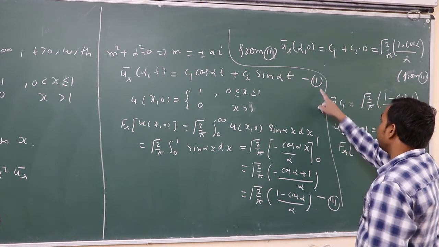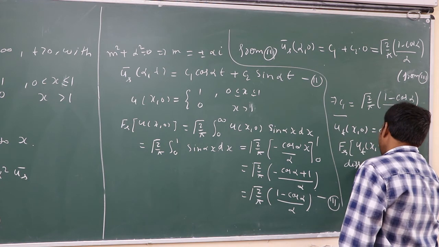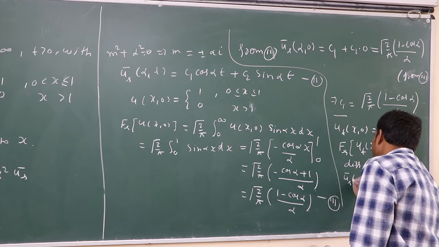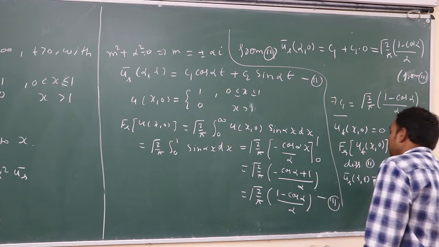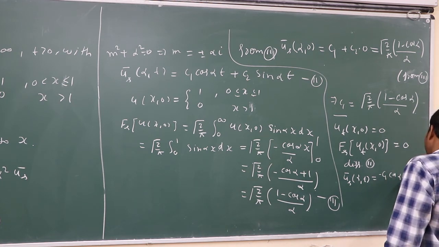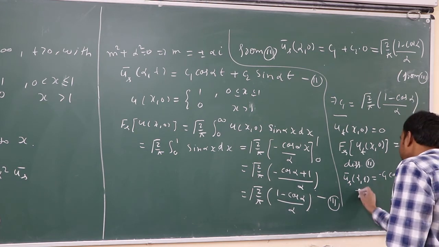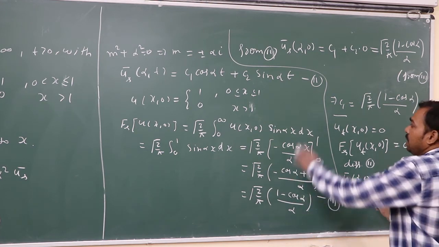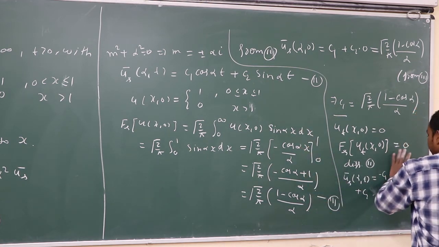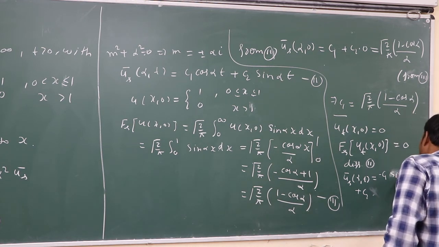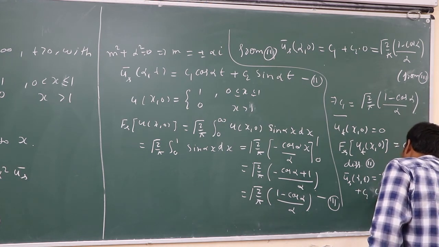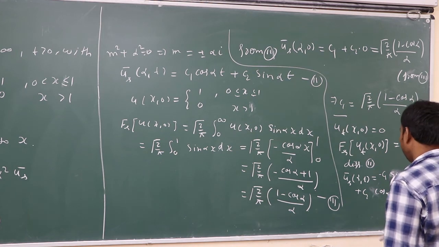If you differentiate 2 with respect to t, we get d u s bar alpha t upon dt equal to minus c1 sin alpha t into alpha plus c2 cos alpha t into alpha.